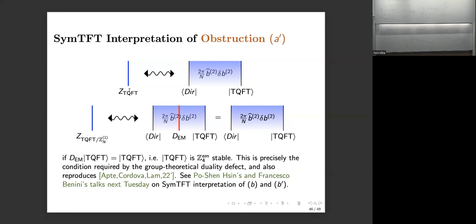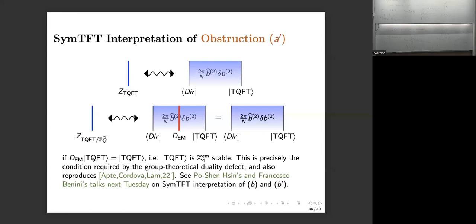Now the TQFT is invariant, which means that these two theories are the same. When you collide this EM defect to the right-hand side, the boundary condition is stable under the Z4 EM symmetry.